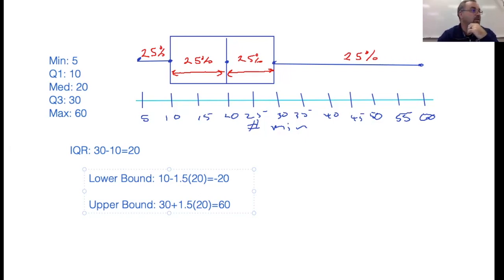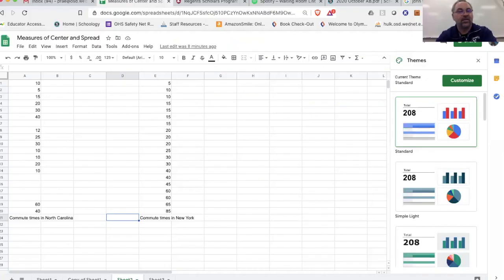If I go back to commute times in New York. All right. Oh, sorry, I've got to swap the screen share over to there. All right. And remember, we found our median was 22.5, from these two guys.